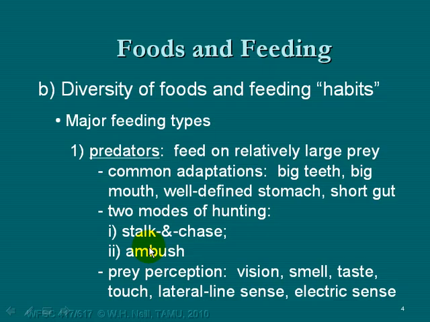They have big teeth, typically grasping teeth, and they have large mouths so that they can engulf large prey items. They have well-defined stomachs with strong acid secretions to digest meat, protein. And typically, because they're eating a lot of protein, a lot of meat, and less of other things, they have relatively short intestines, short guts.